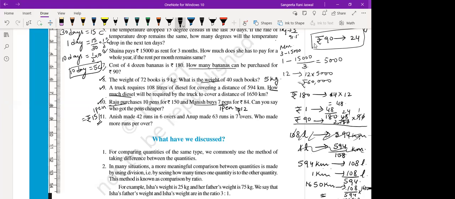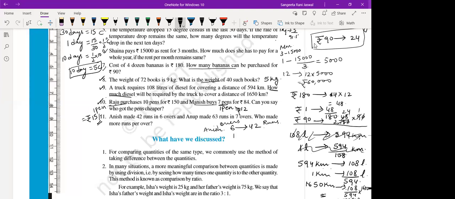Okay, so can we write here? Anish made 42 runs in 6 overs. Yes. You can write in a proper statement. I'm writing like this: in 6 overs, these are overs, these are runs. In 6 overs, Anish made 42 runs.